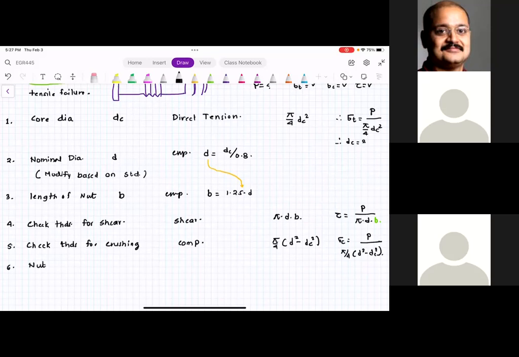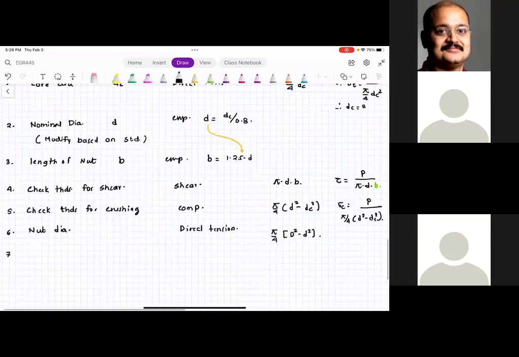Step 6, nut diameter. It is from direct tension, and which is pi by 4 capital D square minus small d square.